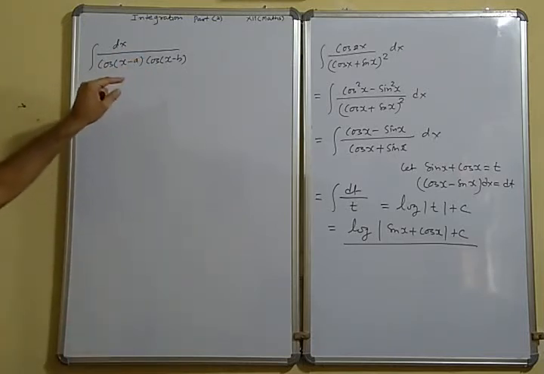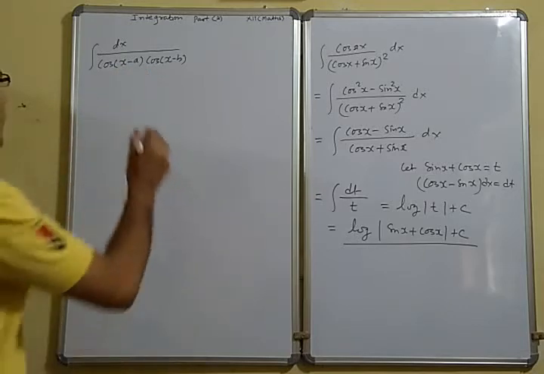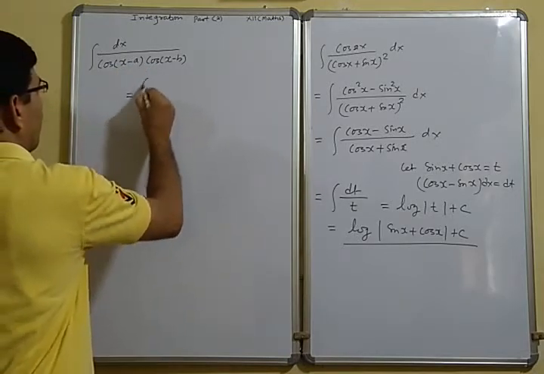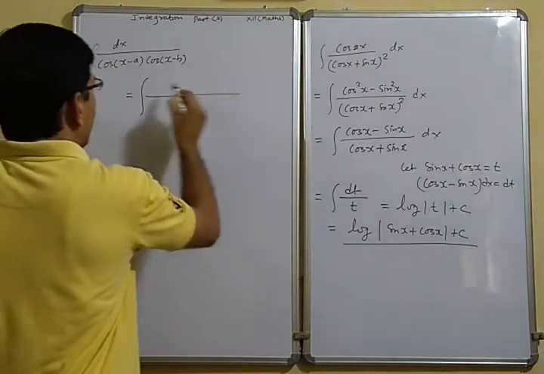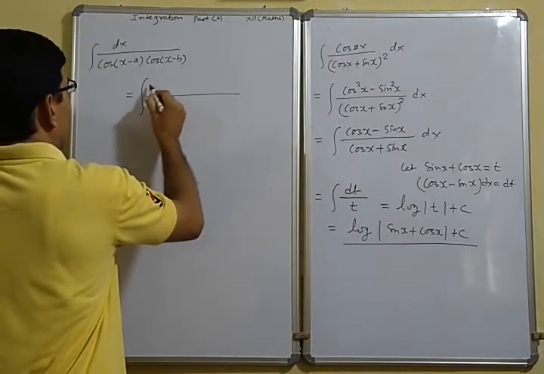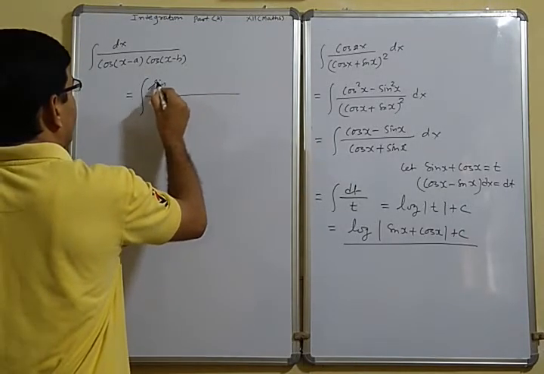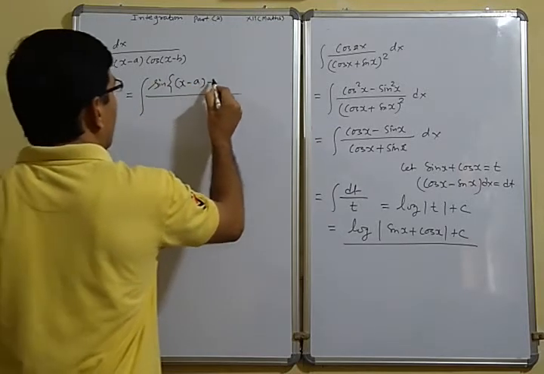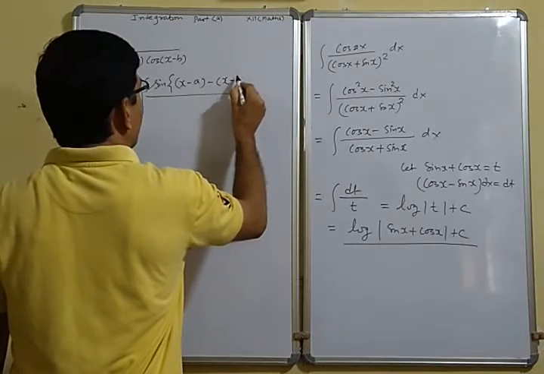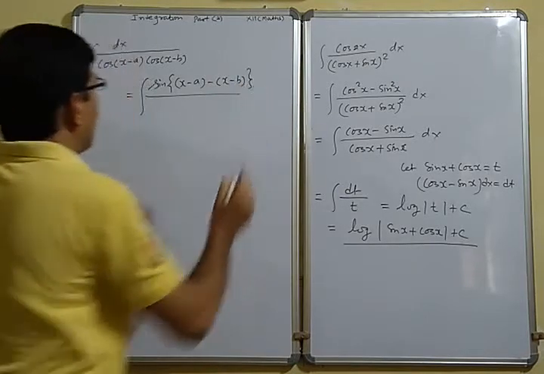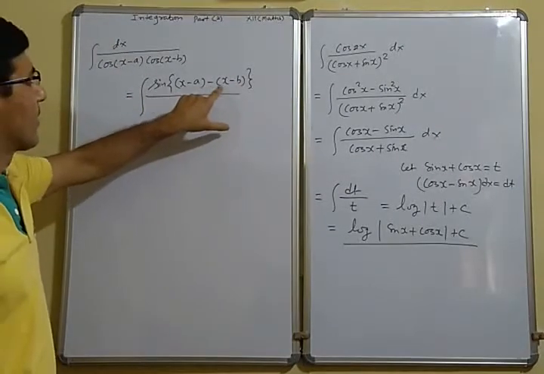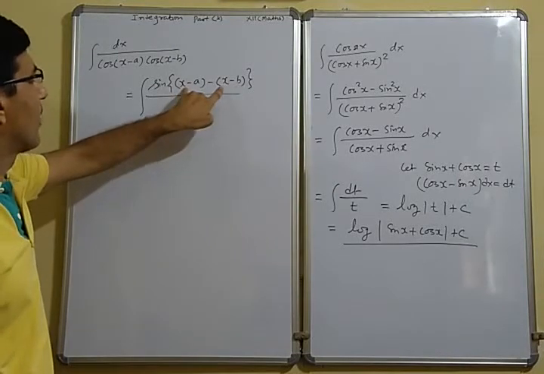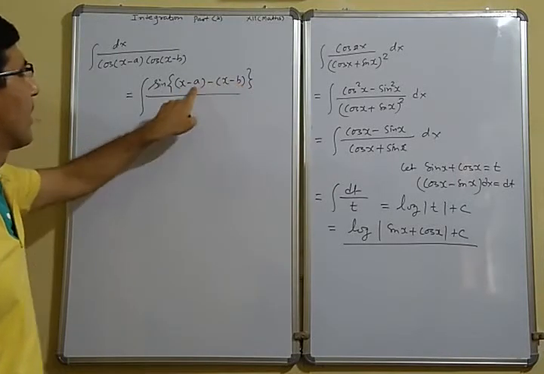To simplify such type of integration, convert it by multiplying by sin of ((x minus a) minus (x minus b)). So in (x minus a) minus (x minus b), x cancels out, it becomes minus minus plus, b minus a.